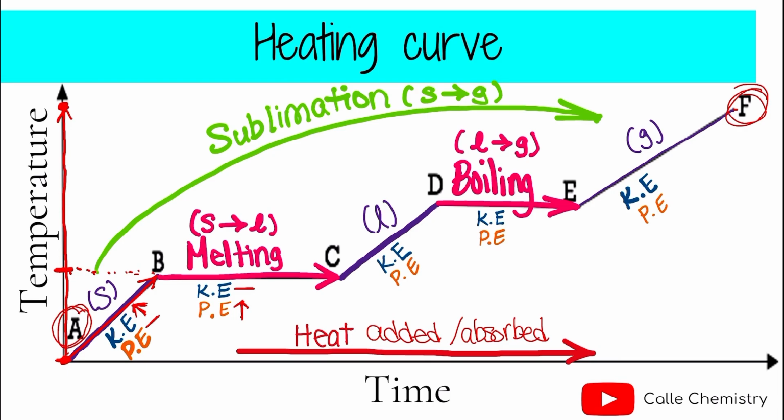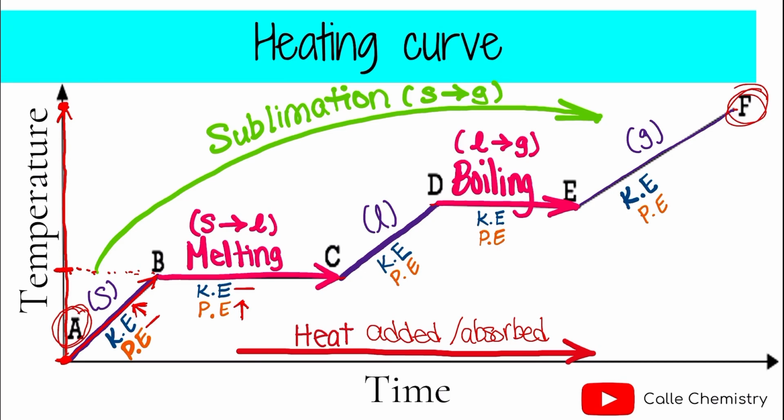Now that we have these two lines labeled, we can fill out the rest. So here we have C to D, where this substance is in the liquid phase. Once again, we see something that is on a positive slope. We're starting from this temperature and going up to this temperature.